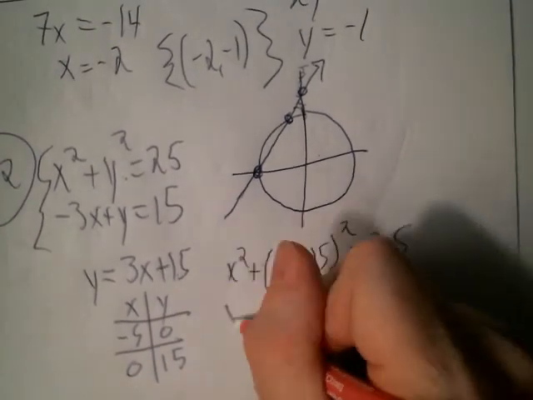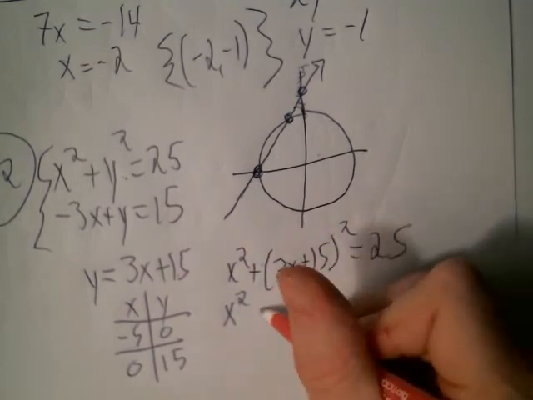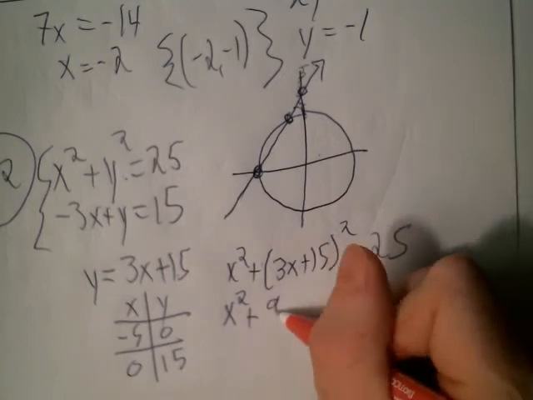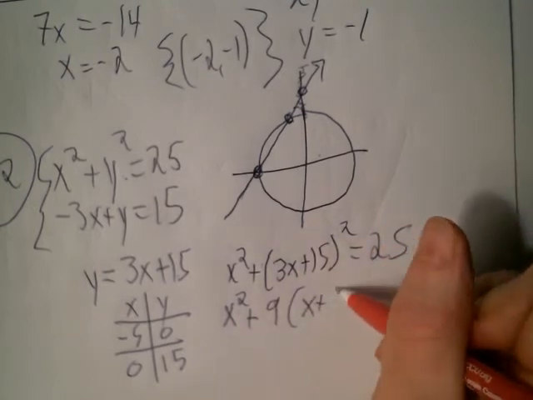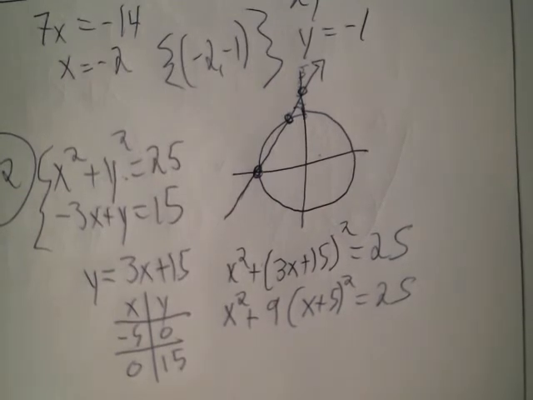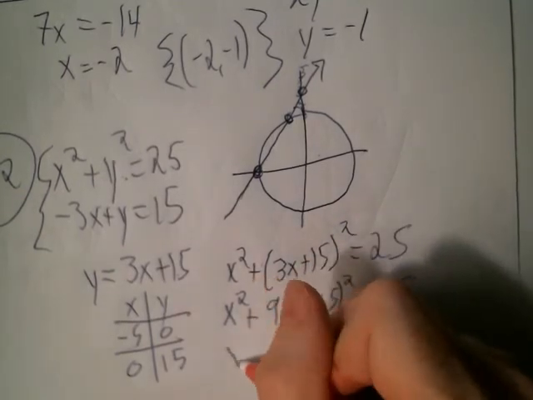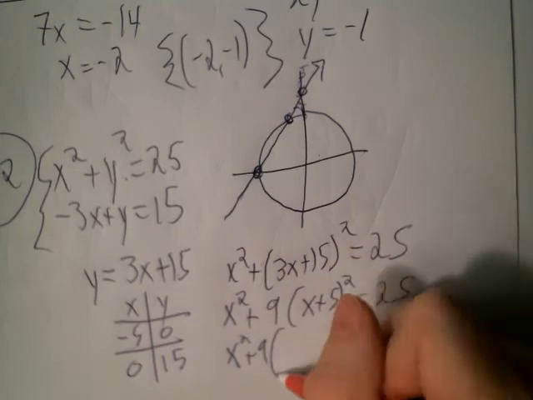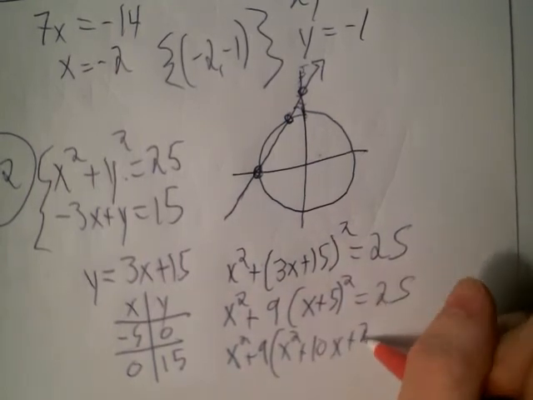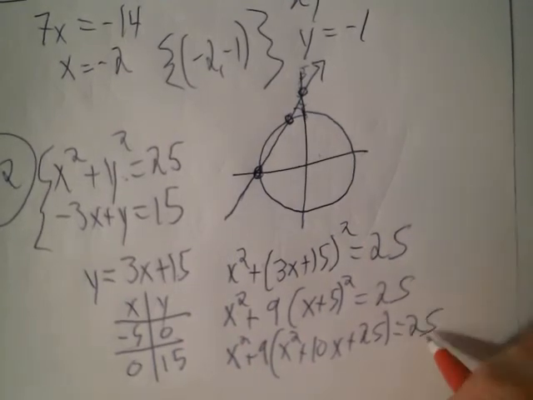To make the math a little easier, I'm going to factor a 3 out of this. So it'd be x squared plus 3 squared, which is 9, times (x plus 5) squared equals 25. Believe it or not, you can do that. Then x squared plus 9 times (x squared plus 10x plus 25) is 25.